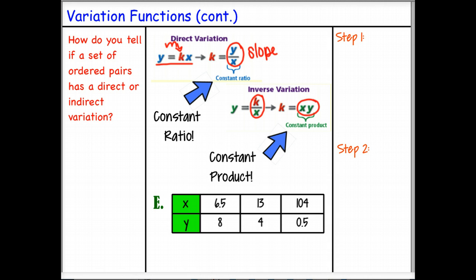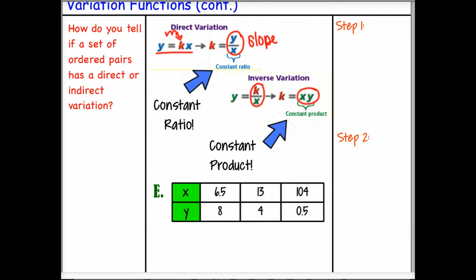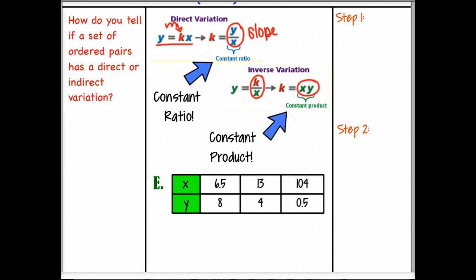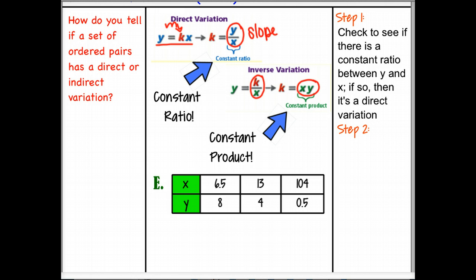So when we take a look at a problem like problem E, where we have this table of x and y values, the first thing we want to do is check to see if there's a constant ratio between y and x. So if we take a look at y over x, for this first one, we have 8 over 6.5, then we have 4 over 13, and then we have 0.5 over 104.